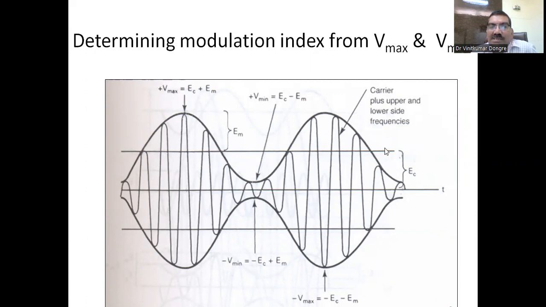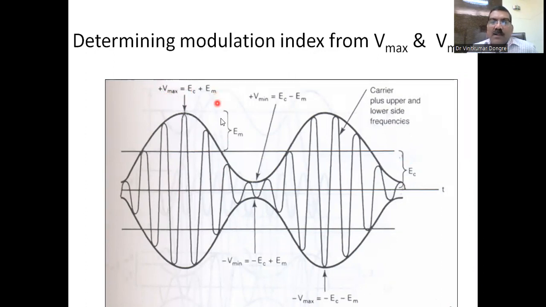So below this it is EC and this is EM. So this is Vmax, it is EC plus EM. This is the reference line. Above this it is EC and here EM. I will use different colors so that this is EM and the lower one is EC. So the total from here to here is Vmax, EC plus EM.